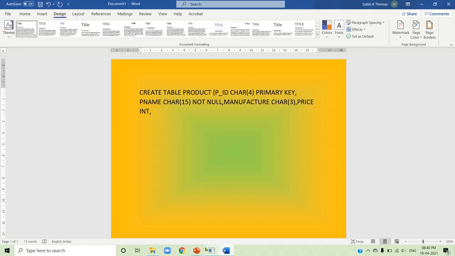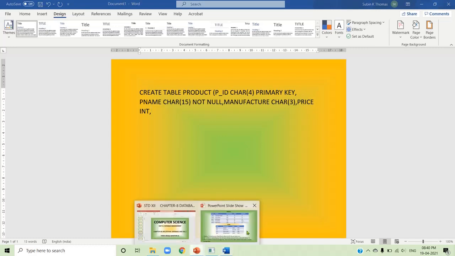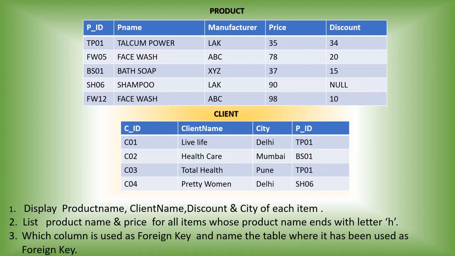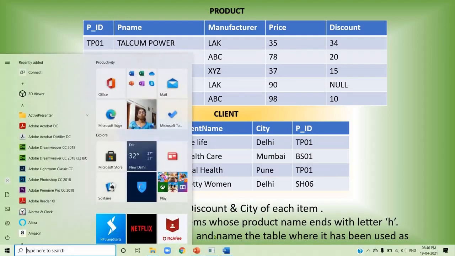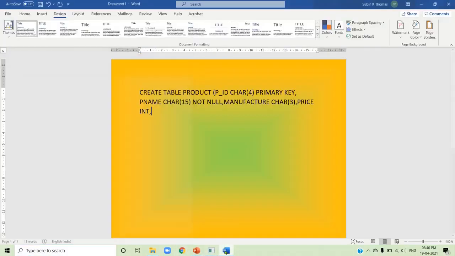The next attribute is discount. Yes, I am going to type discount over here, with integer data type. So this is the way you can create the parent table. It is a simple query; you just specify PID as the primary key.